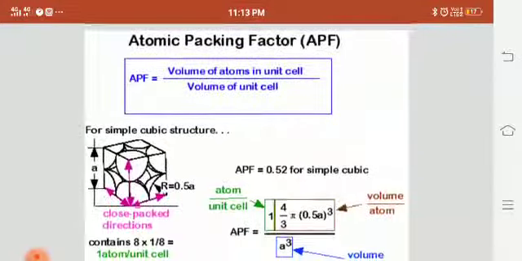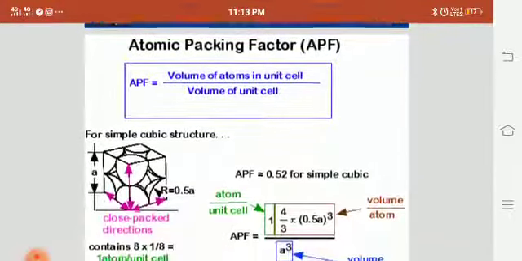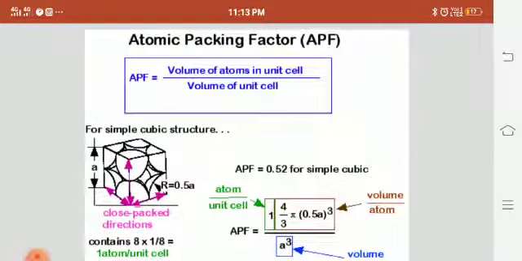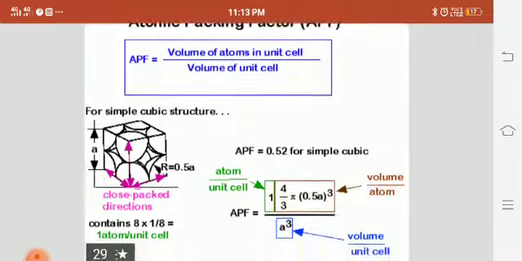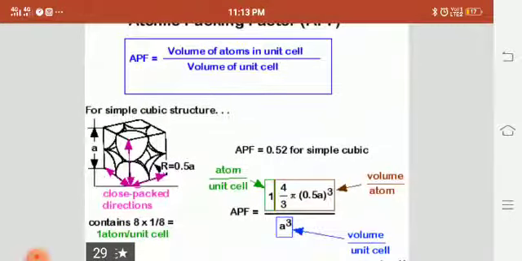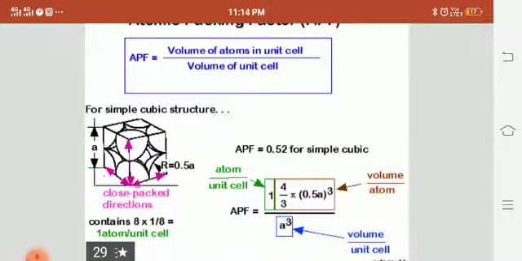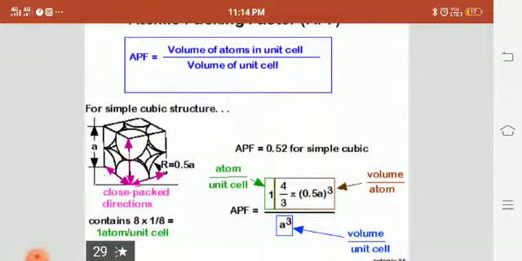Then we are moving into atomic packing factor. The definition is nothing but volume of atoms in unit cell divided by volume of the unit cell. For that we are going to substitute the volume of atoms in the unit cell. Volume of atoms is 4 by 3 pi r cube, where r is the atomic radius of the unit cell. Here it is 0.5 into a. Then volume of unit cell is a cube.